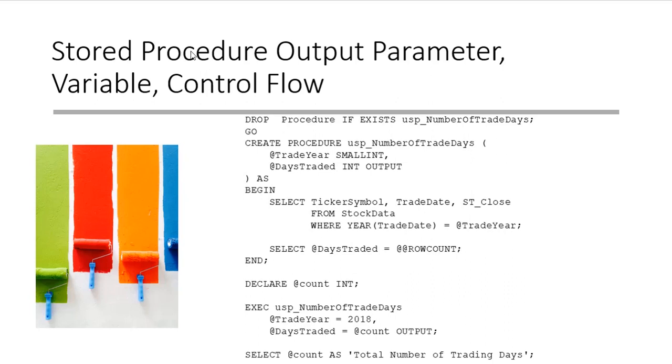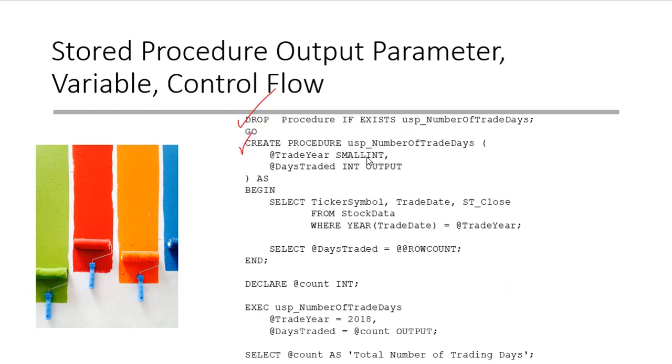This next stored procedure is quite a bit more complicated. We are going to show an output parameter, a variable, and control flow in a stored procedure. So we drop the stored procedure if it exists, create it, and we have two parameters.